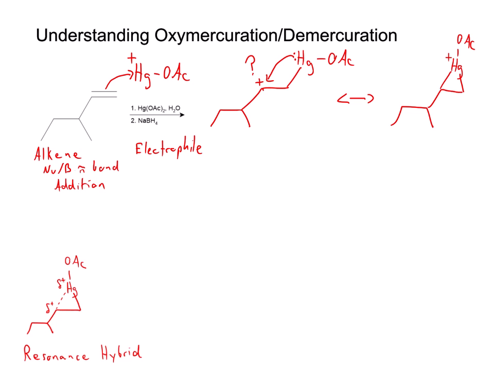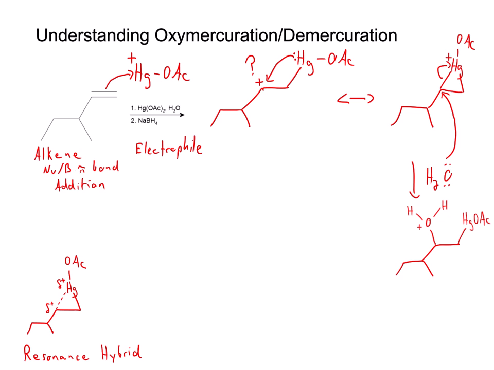What this should also show you is that that carbon with that partial positive charge is more susceptible to an attack from a negative charge than the carbon on the right. What happens in the next step, therefore, is this water molecule that we have, which has two lone pairs, is going to act as a nucleophile, and it will, in fact, attack that partial positive carbon, which will break open this ring.